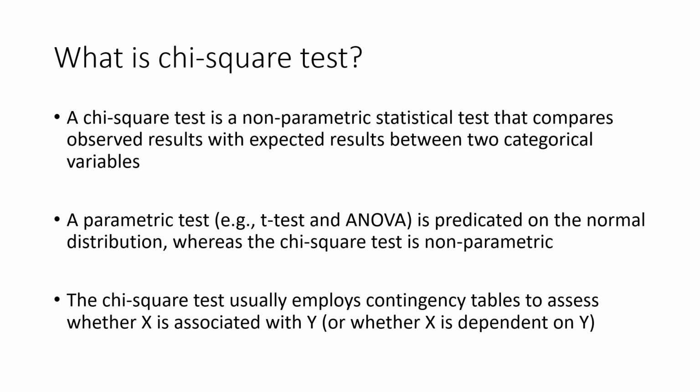And at the intersection of each category across the independent and dependent variables, we have cells that tell us about the unique intersection at that particular place. And what we do is we assess whether or not X is associated with Y, or whether X is dependent on Y. And if it is, then that will be reflected in the p-value, which we can look at a little bit more closely.